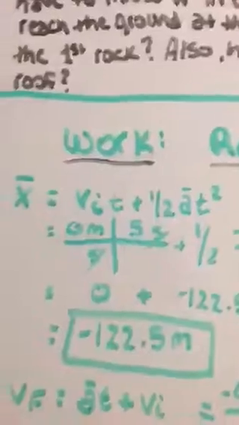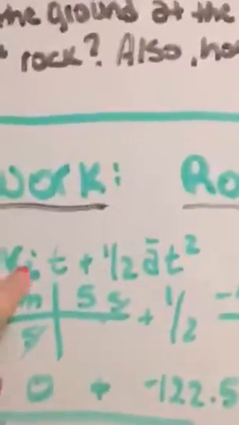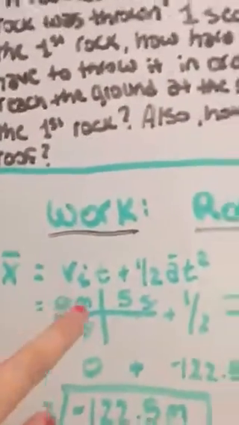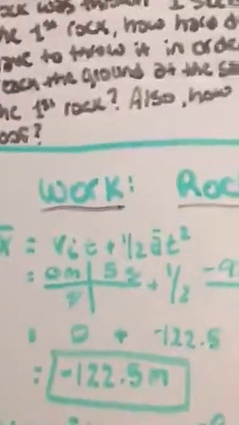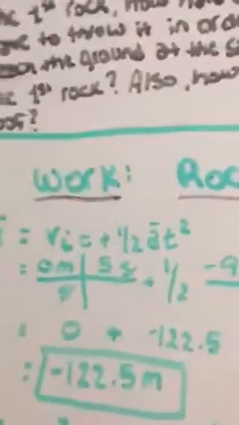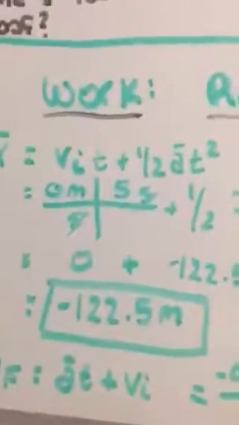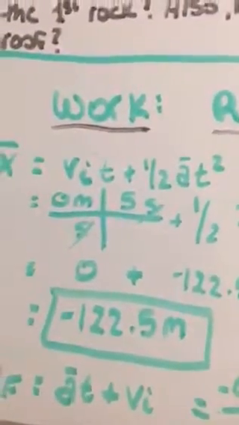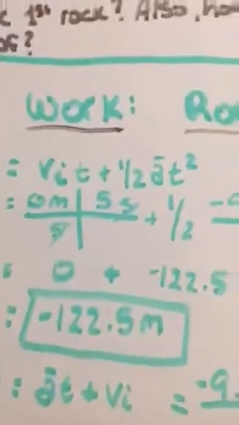So here is the equation that we use for displacement. And I used unit analysis and got my answer, which turned out to be negative 122.5 meters.